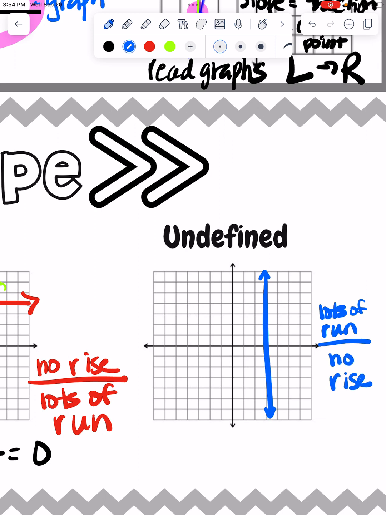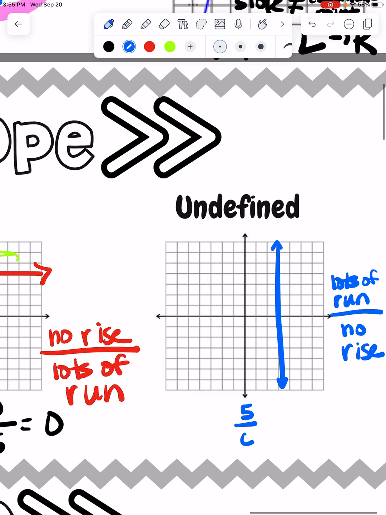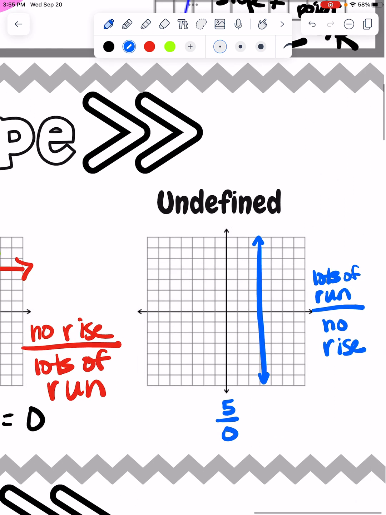So for this one, you might end up with something that looks like this. And we can't have a number over 0. If you were to put 5 over 0 in your calculator, it would give you the answer undefined. So if you ever see a vertical line like this, the slope is undefined because we can't have zeros in the denominator.